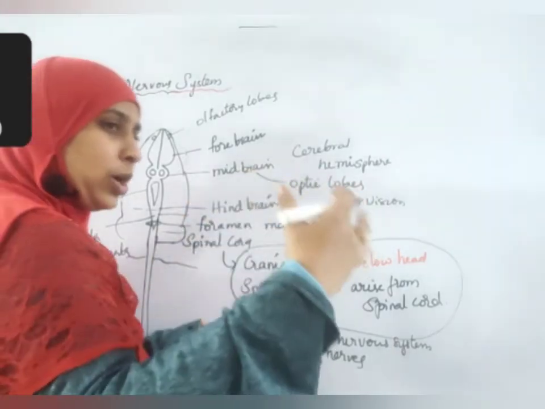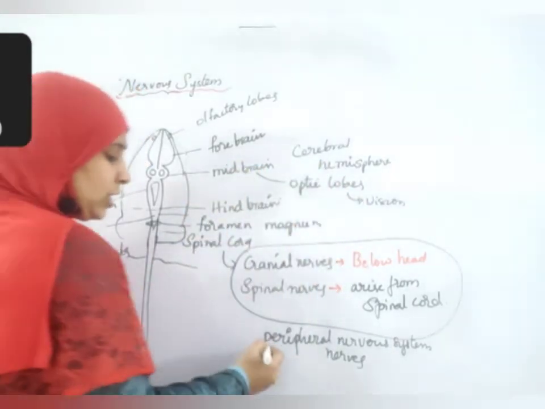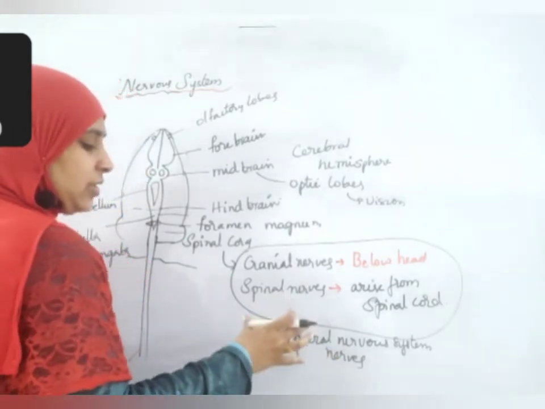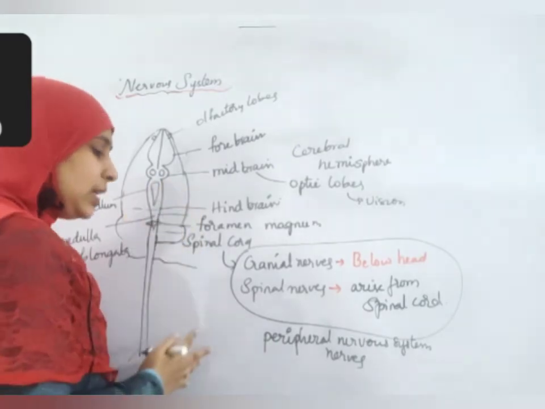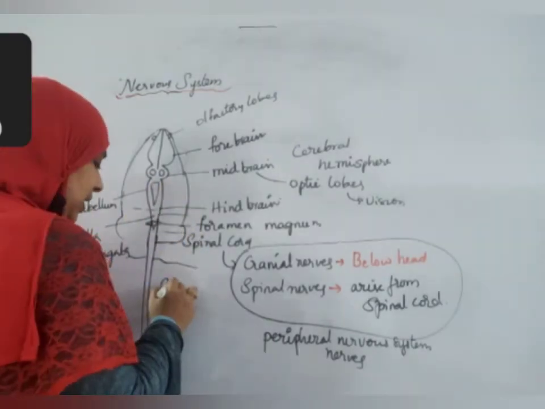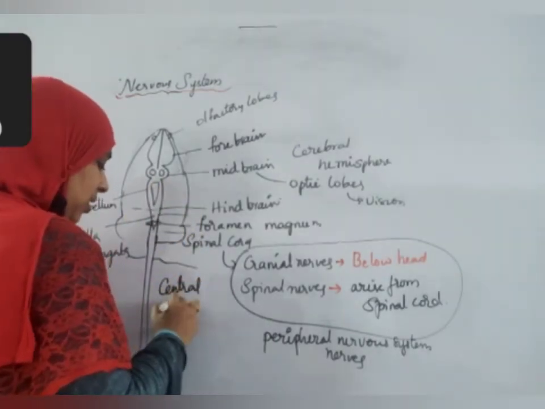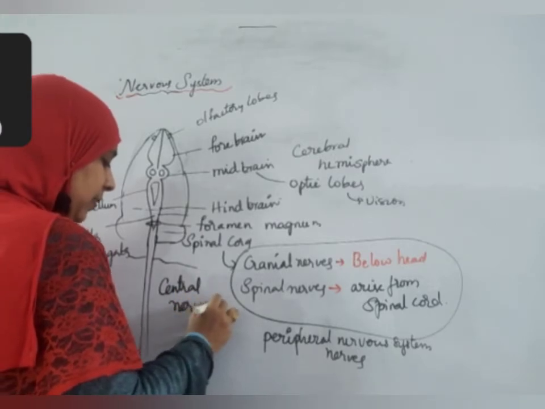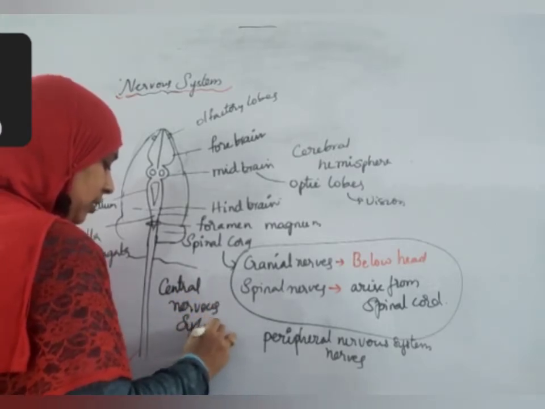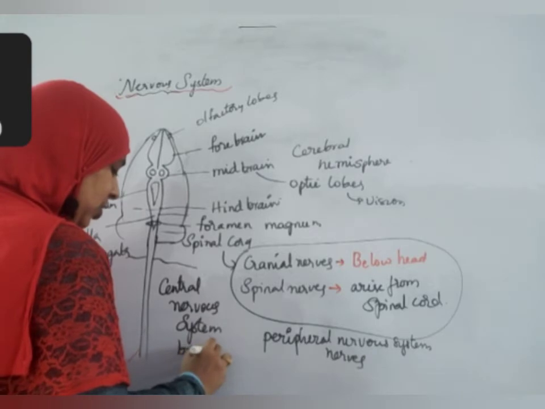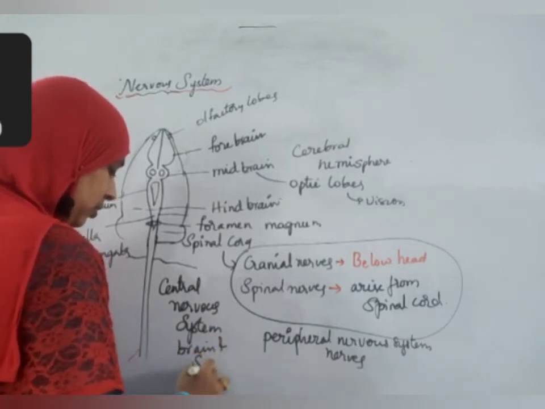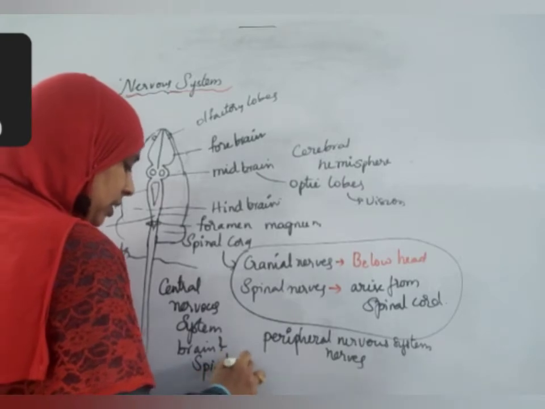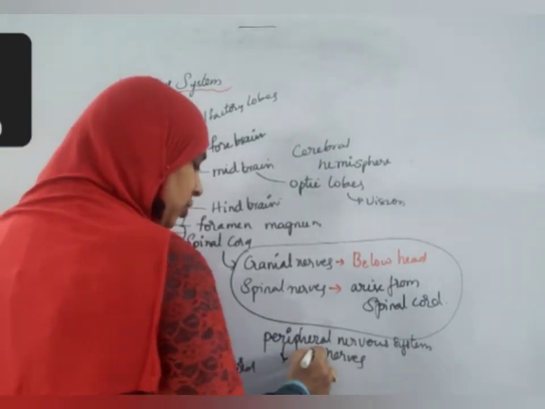Periphery means towards border. So towards border, what is arranged? Nerves are present. Towards center, which part is present? Brain and spinal cord. So central nervous system means brain and spinal cord. Peripheral nervous system means all nerves.